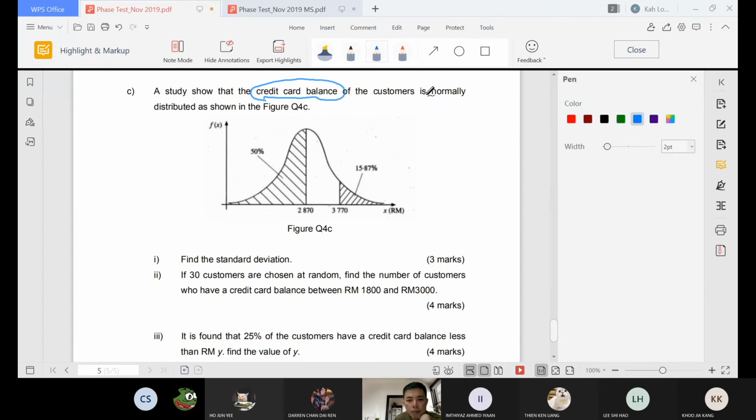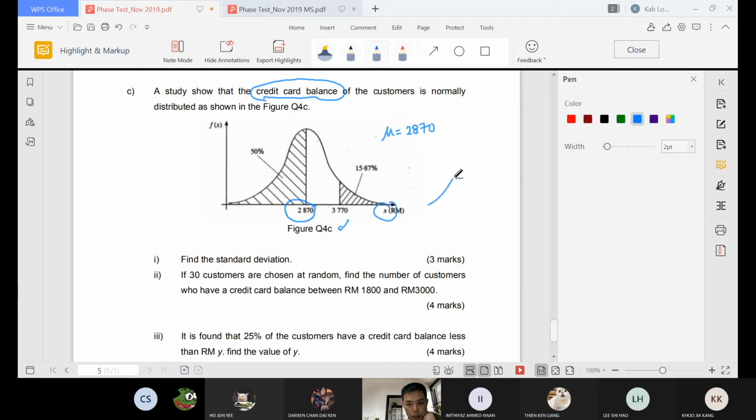So credit card balance of the customer is normally distributed as shown here. Now you see, over here the middle is your mean. Remember, this is your mean, because this is an X value.